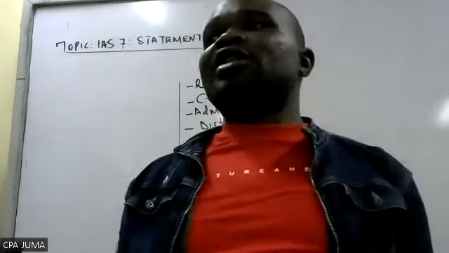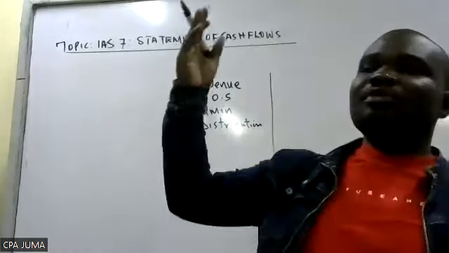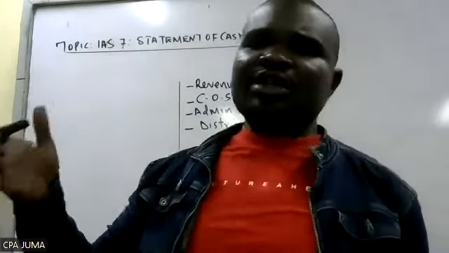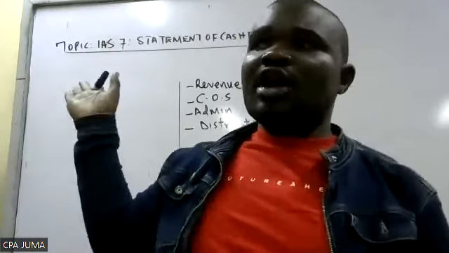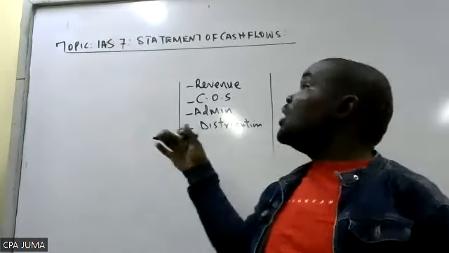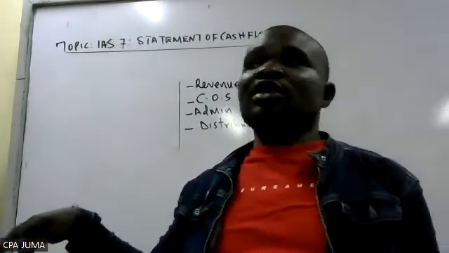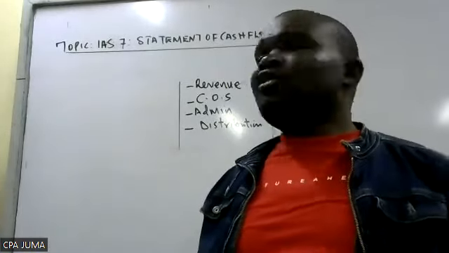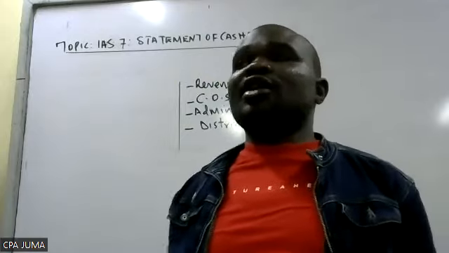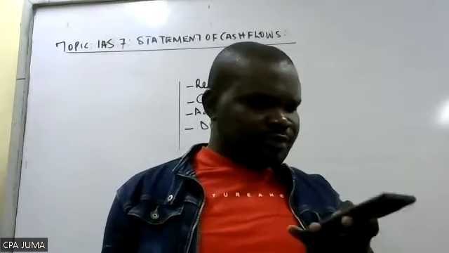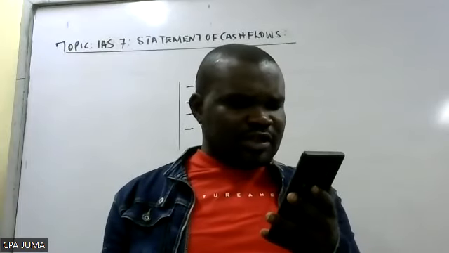You also add back the sisters of depreciation, like impairment and amortization. Then any income apart from revenue, like gain on disposal and investment income, you subtract from operations because we don't get that on a daily basis. So that is all about adjustments.